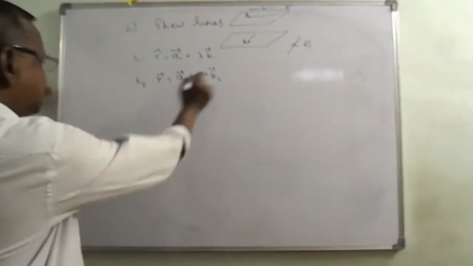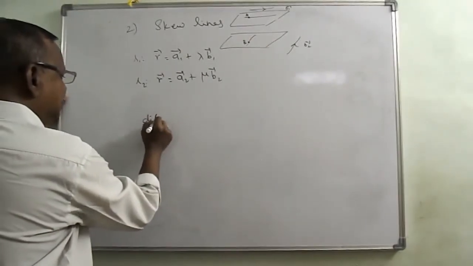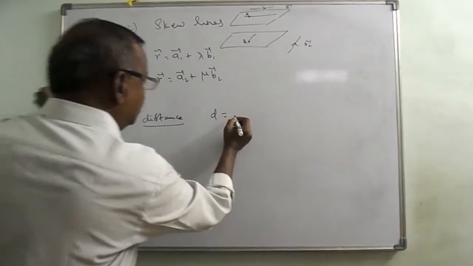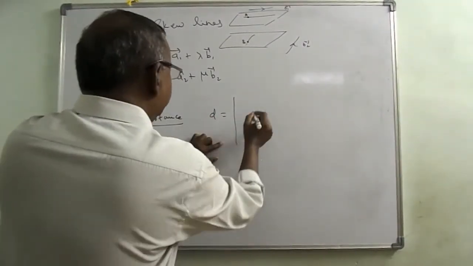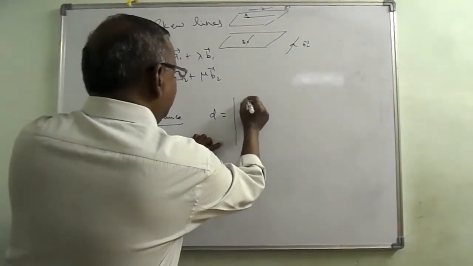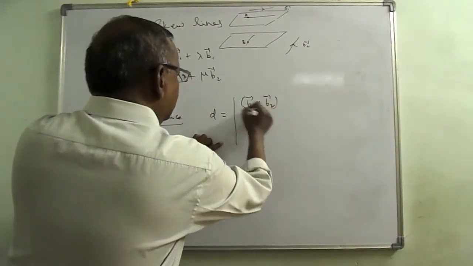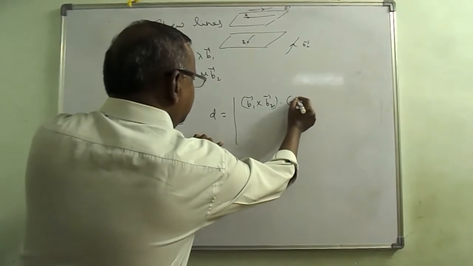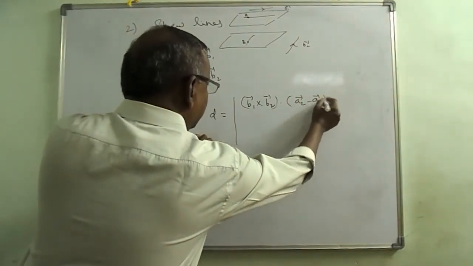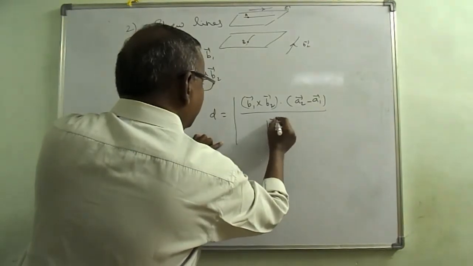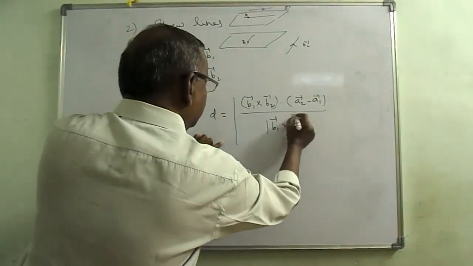Now the distance is given by D equal to modulus of B1 vector cross B2 vector dot (A2 vector minus A1 vector) whole divided by modulus of B1 vector cross B2 vector.